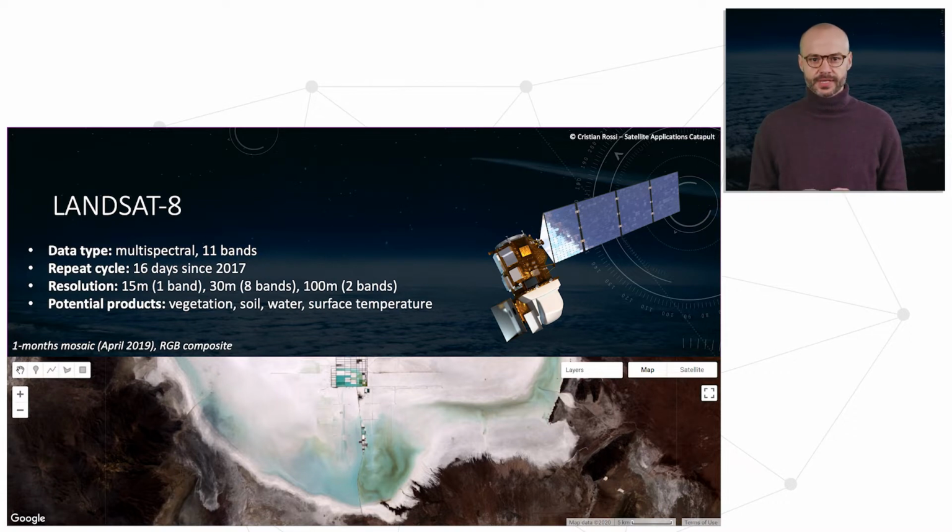That's a salt lake over there, and we see it in white and blue with the surroundings all around. What we see here has been generated in Google Earth Engine, which is a platform which I will mention in the next video. So the first mission, a very important one, is called Landsat 8.